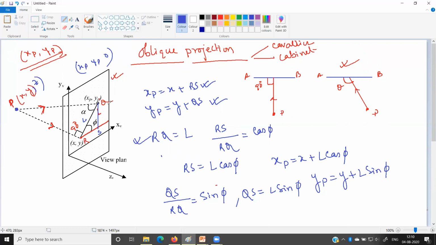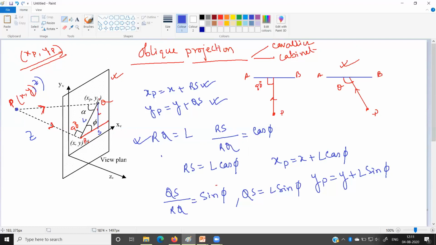The length from P to Q is z. Okay, so this will be z. Okay, just a minute, not this one, this length. Okay, this length will be z. I'm making it wrong.